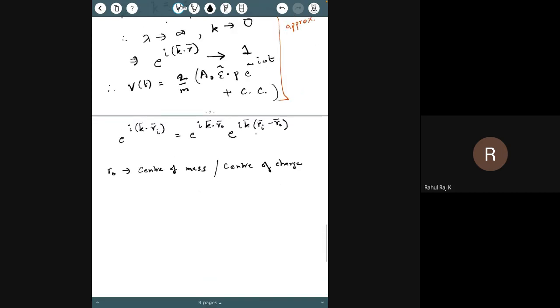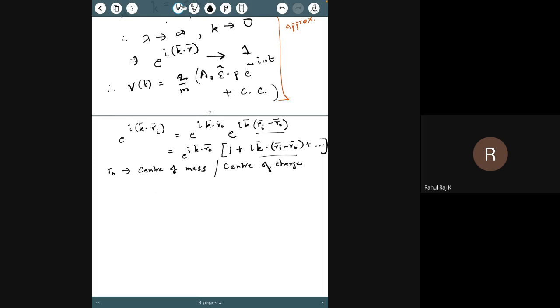So I have a difference quantity here, and then I can expand it to give me e to the power i k dot r0 times 1 plus i k dot (ri minus r0), and then you'll have the square terms, the quadratic and cubic terms, etc. Now, if you include, let's say, this term, then you would be including electric quadrupole interactions and the magnetic dipole interaction, for example.